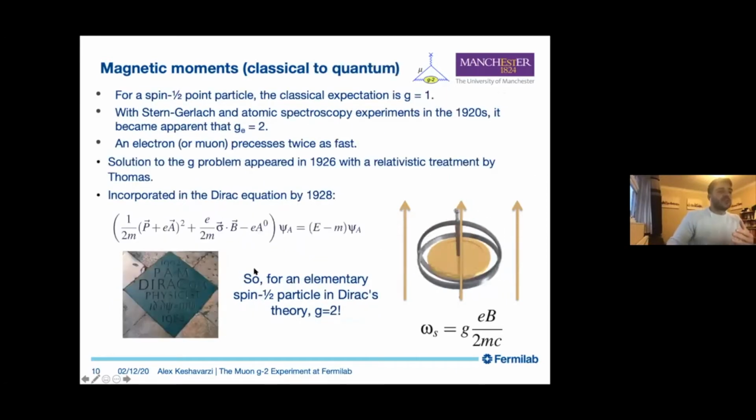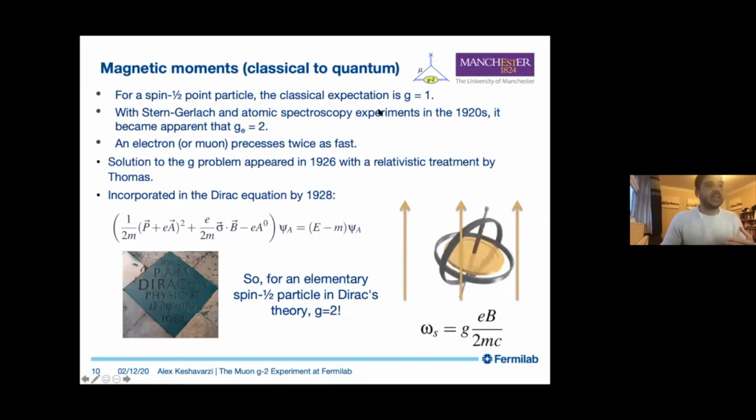When you then move from a classical expectation to a quantum expectation, well, in the classical expectation, the gyromagnetic ratio should equal 1. And then there were the Stern-Gerlach experiments in the 1920s that showed that the gyromagnetic ratio for electrons actually equaled 2, such that the electron, or the muon in this case, precessed twice as fast as expected in the classical case.